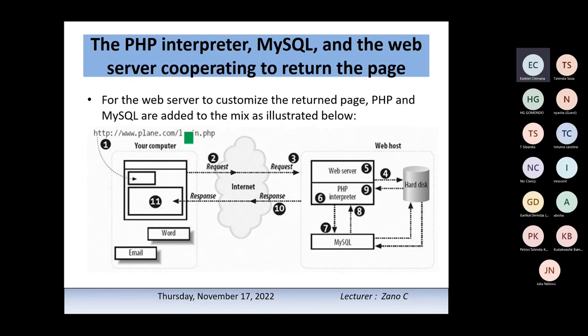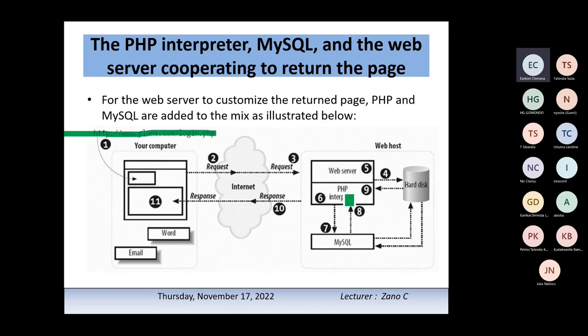For example, if you call the login.php file on your computer, we send the request, then the request will go over the internet to your web server. From the web server, we retrieve it from the hard drive. And then we have the PHP interpreter here.